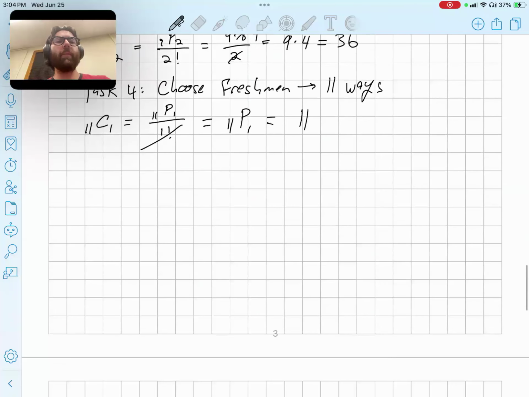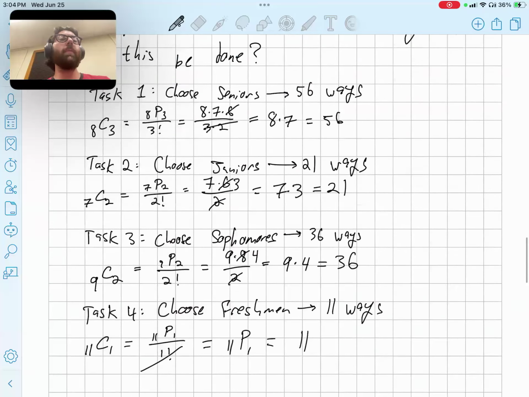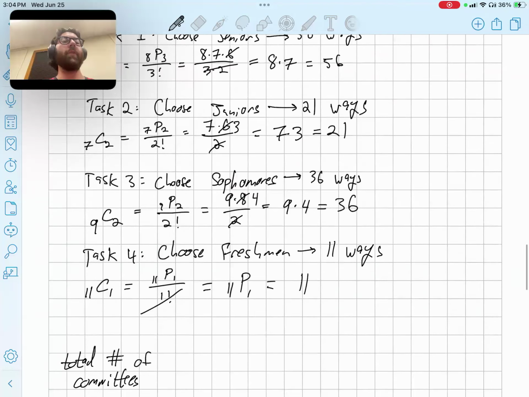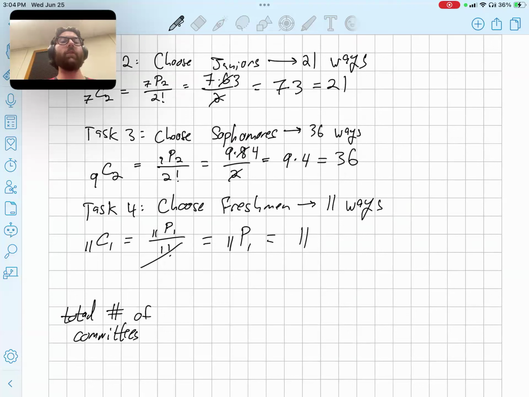And so now the total number of committees, or the ways it can be formed, we're using the multiplication rule. The number of committees is the same as the number of ways to choose the seniors, then choose the juniors, then choose the sophomores, then choose the freshmen. Well, there's 56 ways to choose seniors, 21 ways to choose juniors, 36 ways to choose sophomores, 11 ways to choose freshmen.